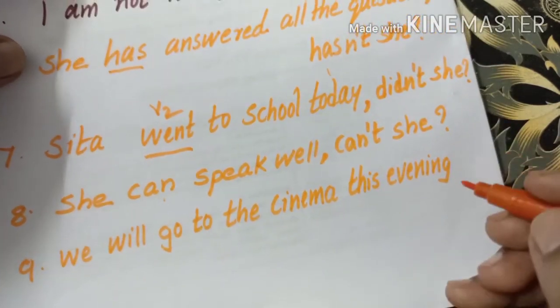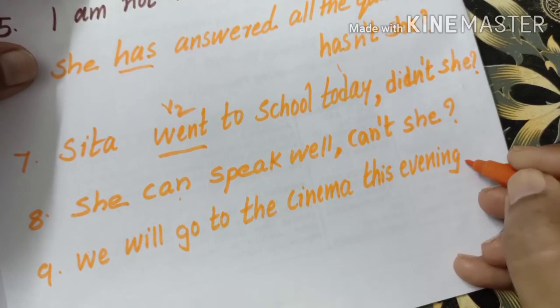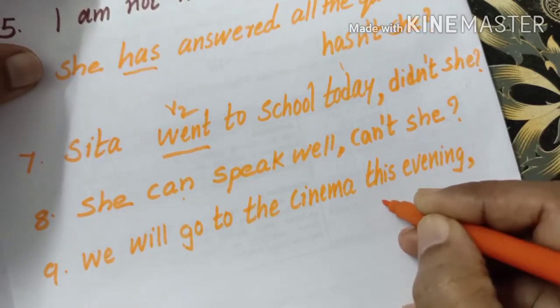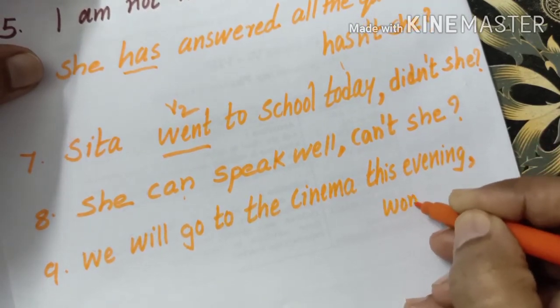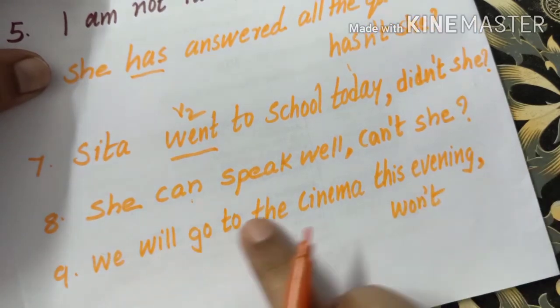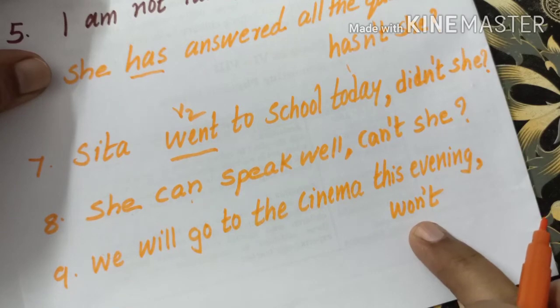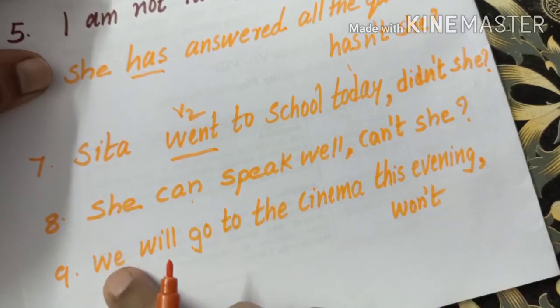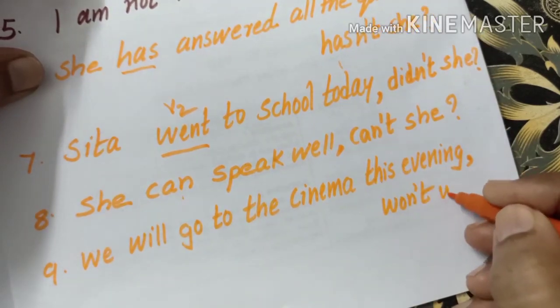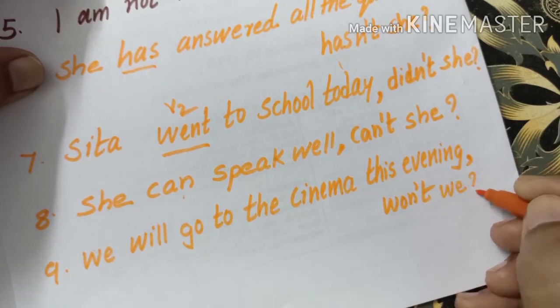Okay, will not, contracted form is won't. So, put the comma. Won't. Since the sentence is positive, we use the negative question tag. Okay, won't. And the pronoun is we. So, won't we. Got it?